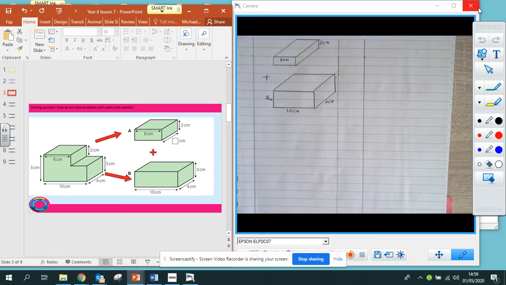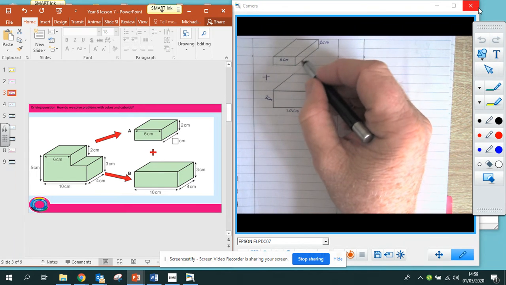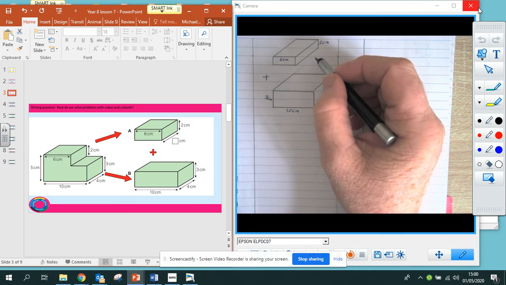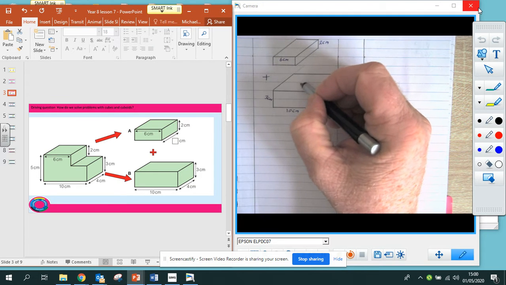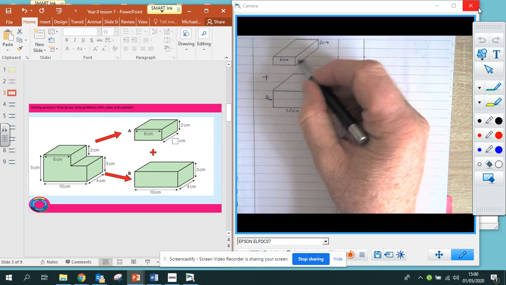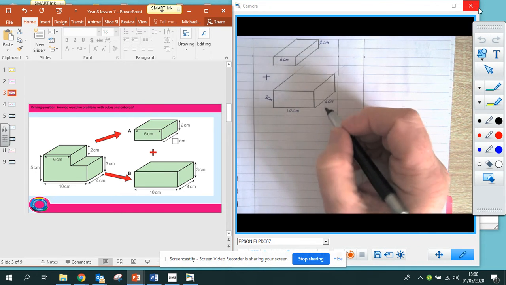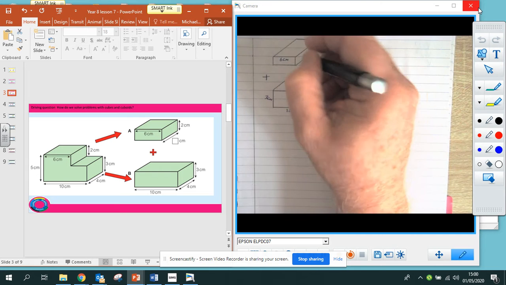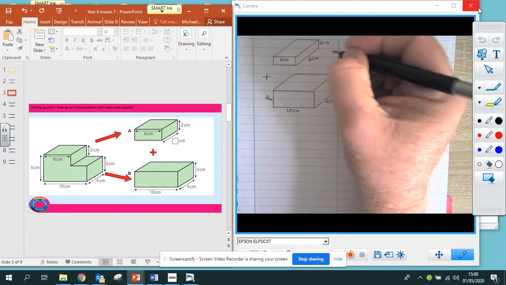So we need to look back at our first shape and see if we can work out what this number is going to be. Now, because this shape fits exactly here, and this side here must be the same length as this one, I know that this side is actually 4 centimeters.